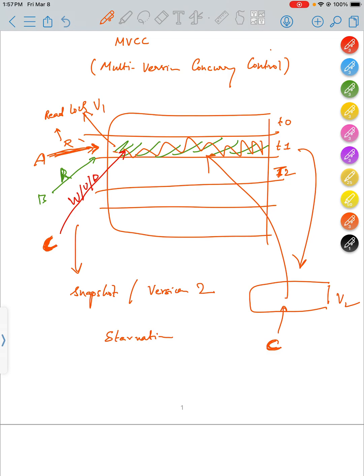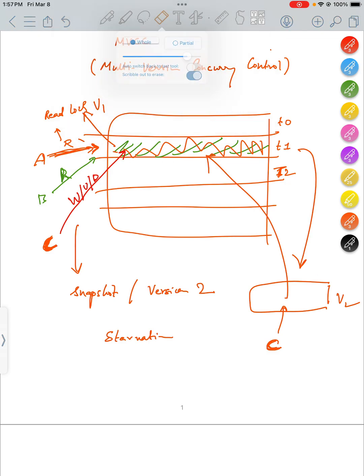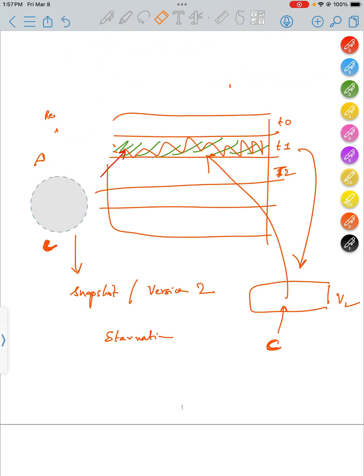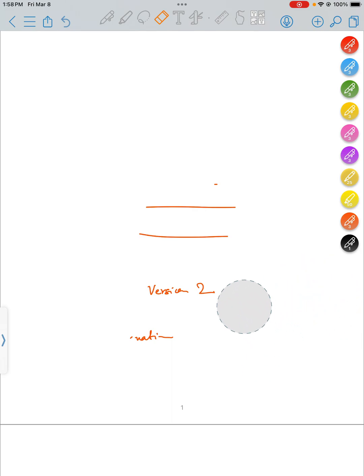So everyone is happy at the end. So this is how this happens. It's pretty much a big topic, MVCC, but I have given you the crux of it, like what's the basic thing that it can do.